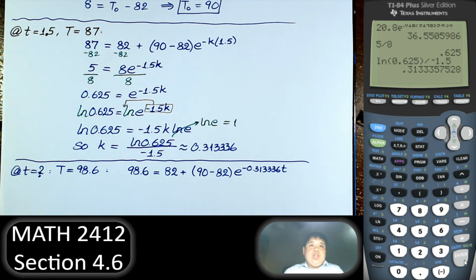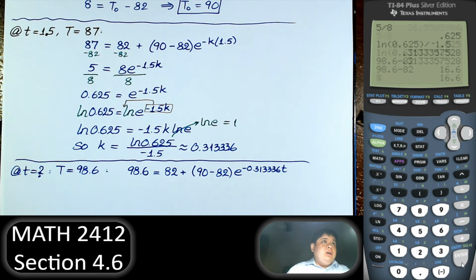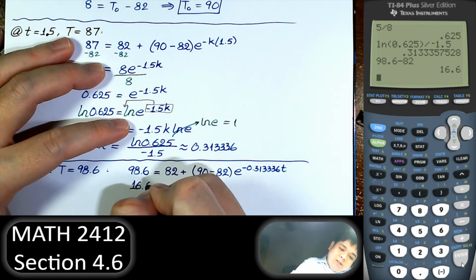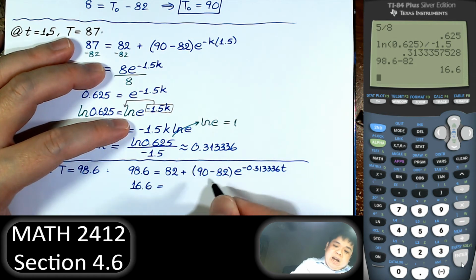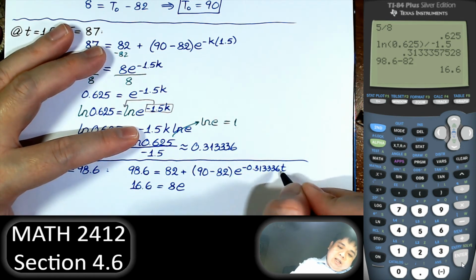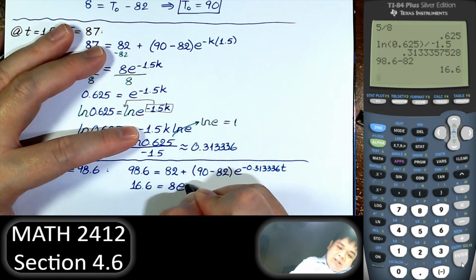Subtract 82 on the other side. 98.6 minus 82, we have 16.6. And 90 minus 82, that is 8, times e to that.